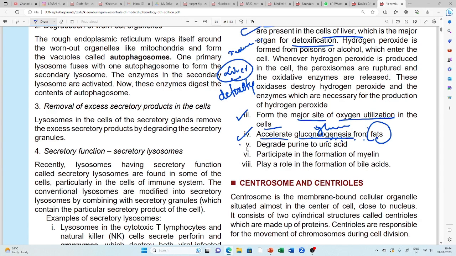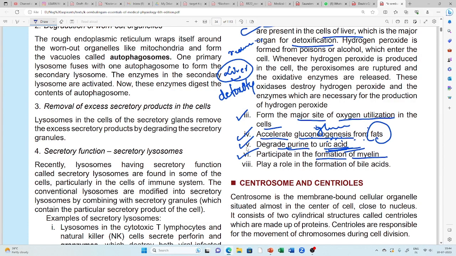Next, it is helpful for the degradation of purine. With the help of peroxisome, purine will be broken down and degraded to form uric acid. Next function, peroxisome helps in the formation of myelin.